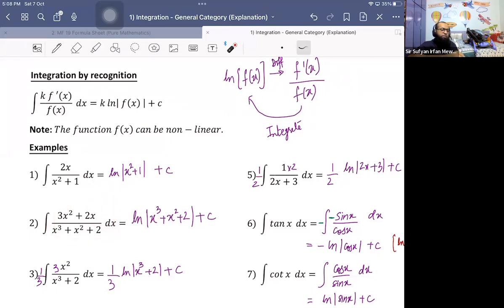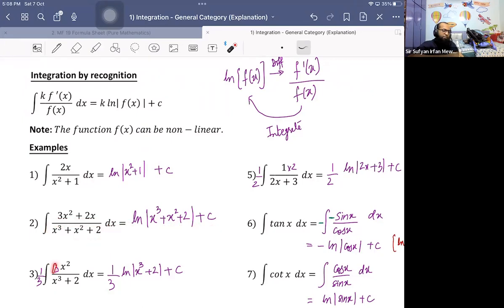So the differentiation of the denominator is present in the numerator. We recognize it and give the final answer: ln of x cube plus x square plus 2, taking ln with the denominator, and that is it. And because it's indefinite, we are taking plus c as well.